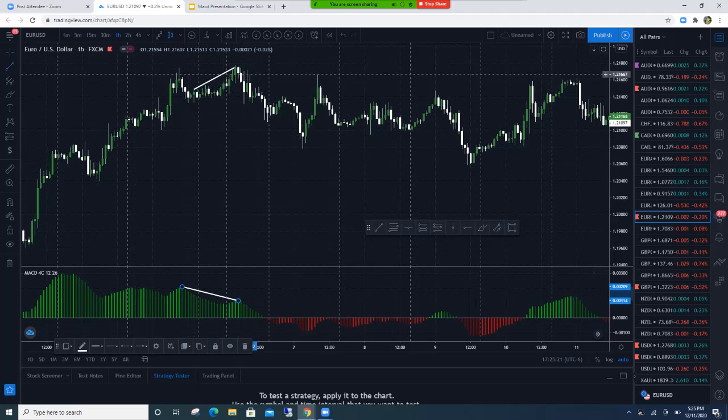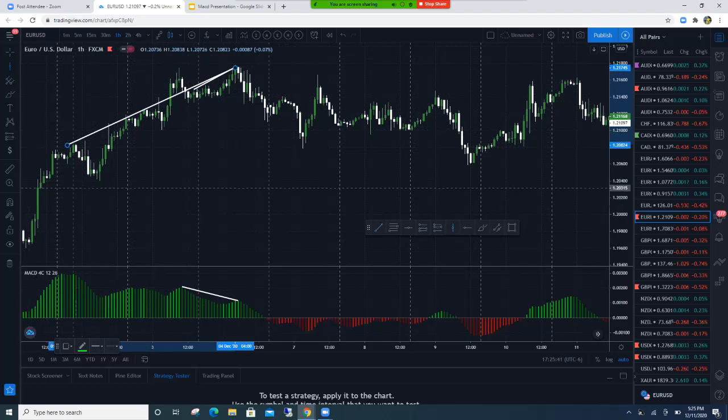That's a form of divergence. That's usually predicting that a reversal is happening in the market. Even if you take it further out, from there to there, this is going up. If you want to make it really accurate, you can go right here, make a vertical line, and then mark it down from here.